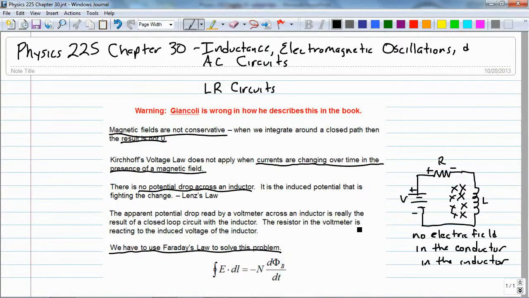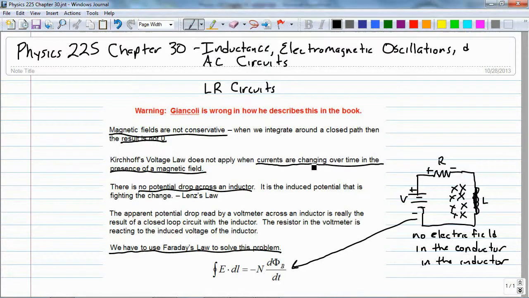And that is how this gets related back here. So even though the magnetic field actually exists only inside the inductor, if we were to string it out, the magnetic field would go through the loop, and it's that same magnetic field that gives us the use of Faraday's law to solve these circuits.